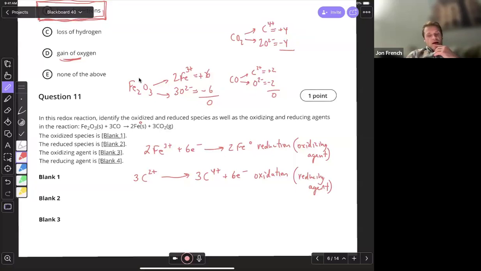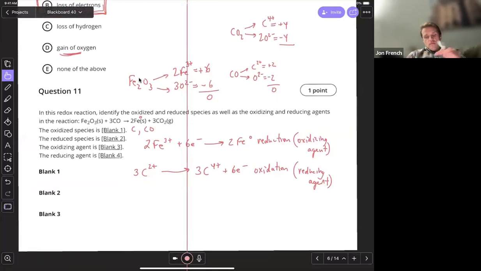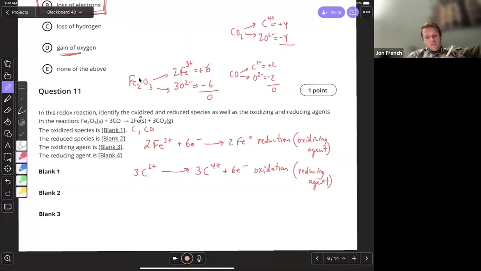All right, so now the oxidized species is what, right? You could say carbon, you could say carbon monoxide, you could write out carbon monoxide as an answer, that's fine. The reduced species, you could write out iron, you could write out iron oxide, Fe2O3, that would work.